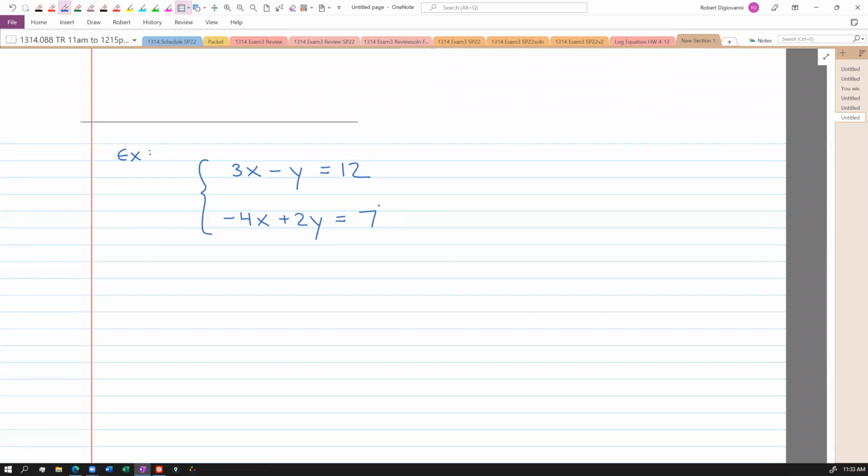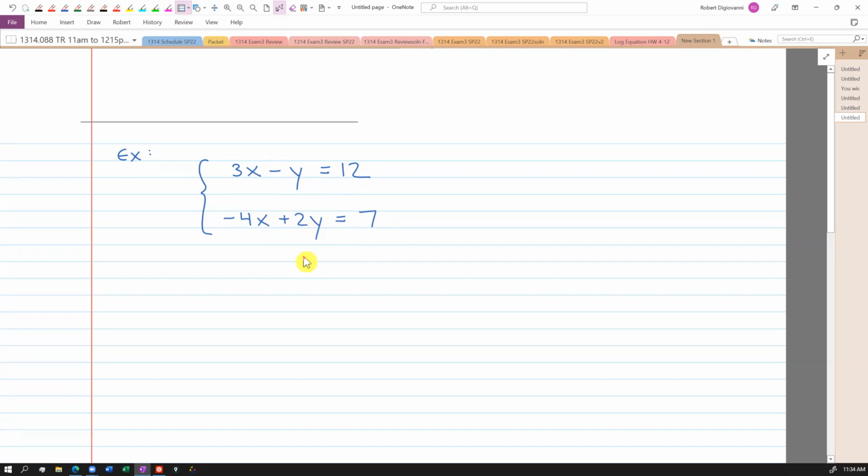Well, I don't think anyone's going to get this by just looking. Can you tell me an x and a y that work for both at the same time? I don't think so, right? I mean, you could give me an answer for maybe the first one. You could tell me like 4 and 0 would work for the first one, right? But 4 and 0 is not going to work here. So we're trying to figure out what works for both.